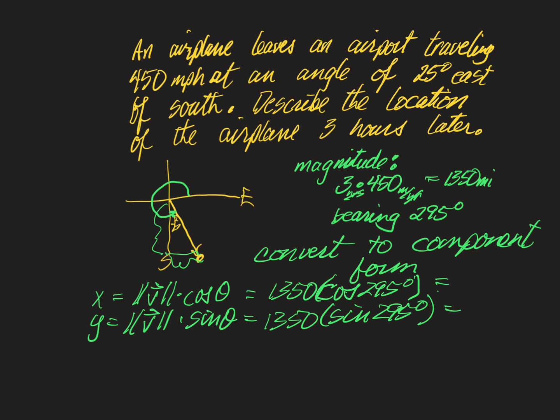So 1350 sine of 295 degrees. So notice I checked my mode. So this says negative 1223.5 miles. And the next one is 1350. Oops, sorry, I wrote that in the wrong spot based on the one I calculated.